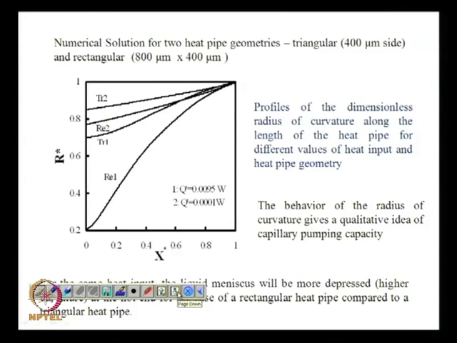And what we have done is the analysis is based on finding out the variation of radius of curvature with position, because we saw that the pressure gradient is connected with the radius of curvature gradient. As long as we have a radius of curvature gradient, we do have a pressure gradient, and that pressure gradient will ensure that there will be some flow towards the hot side.